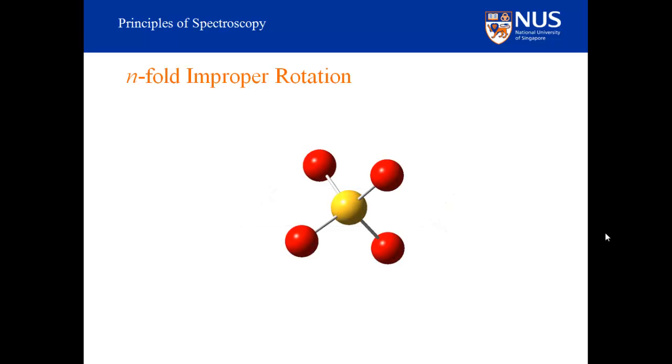So we have what we call an S4 improper rotation axis. So the S4 axis is rotate by 90 degrees, reflecting the perpendicular mirror plane, and I get back the same configuration.